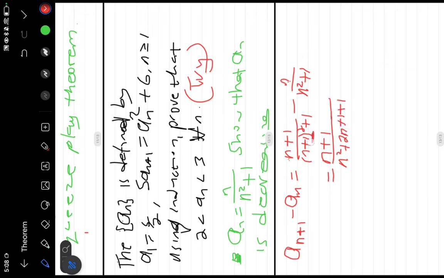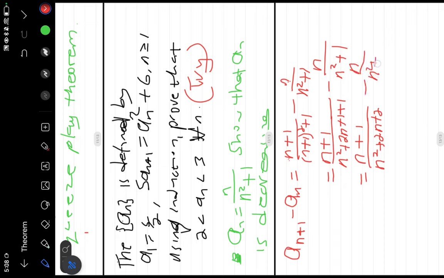The first plus 1 is coming inside here when I'm expanding, and the second plus 1 is coming outside here. Then this would be minus n over n squared plus 1. And this would be equal to n plus 1 all over n squared plus 2n plus 2, minus n over n squared plus 1.